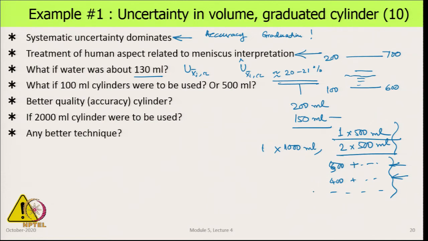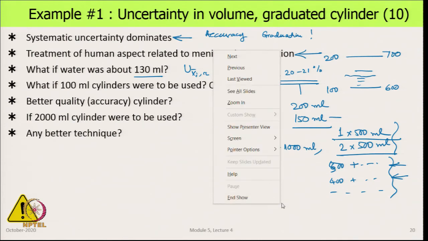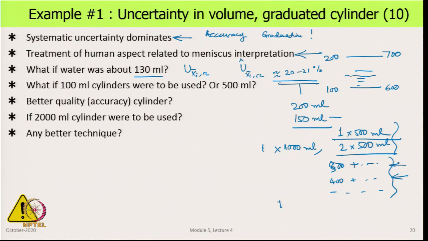So, assuming that the 2 cylinders are not in any way connected to each other, these become 2 independent measurements, and we can then treat that as a result that the uncertainty of the measurement u x bar will be the sum of squares of u x bar from the first cylinder plus u square x bar from the second cylinder, square root of that.